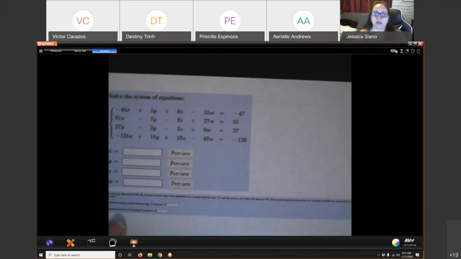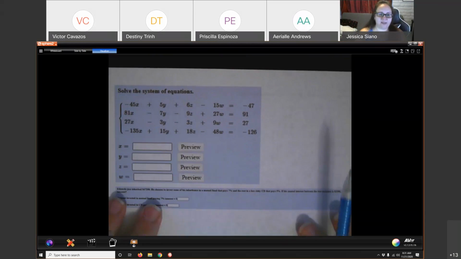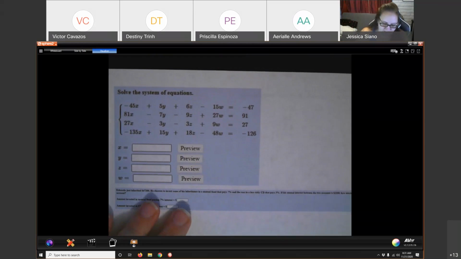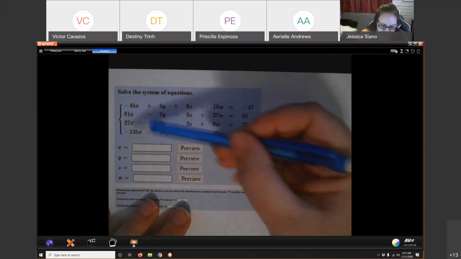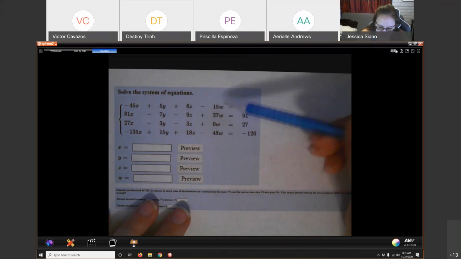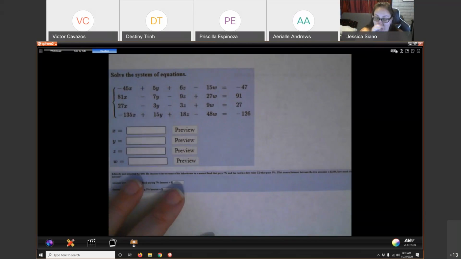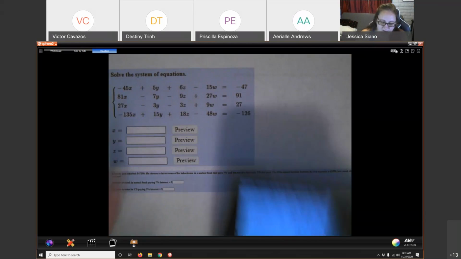So it doesn't matter how many variables your system has. This works all the time. They were nice enough to line these up, X, Y, Z, W. So I don't need to worry about moving anything around.